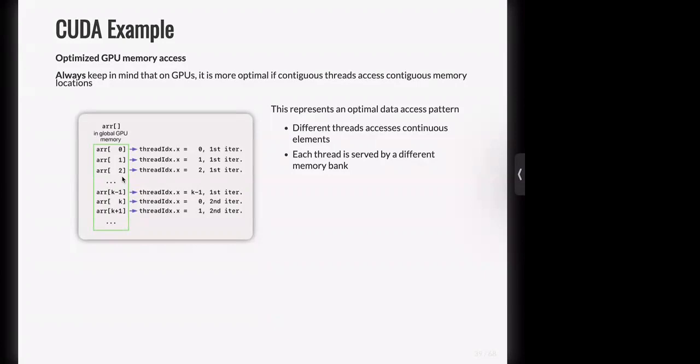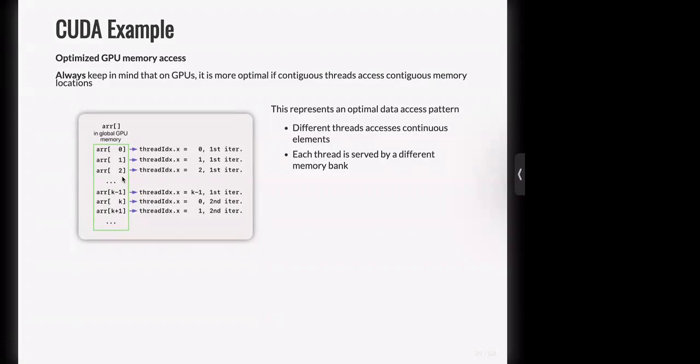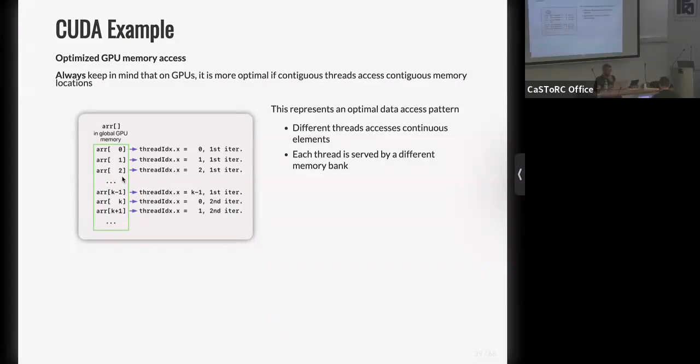Again, I'm repeating myself, this is a bit counterintuitive compared to how you were doing it so far on CPUs. This is because of the GPU architecture, the way the hardware is set up to access memory on the GPU.